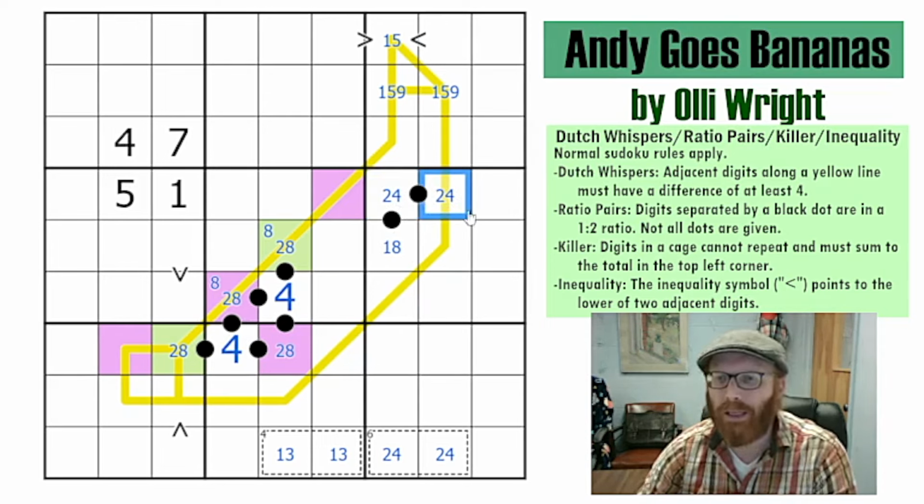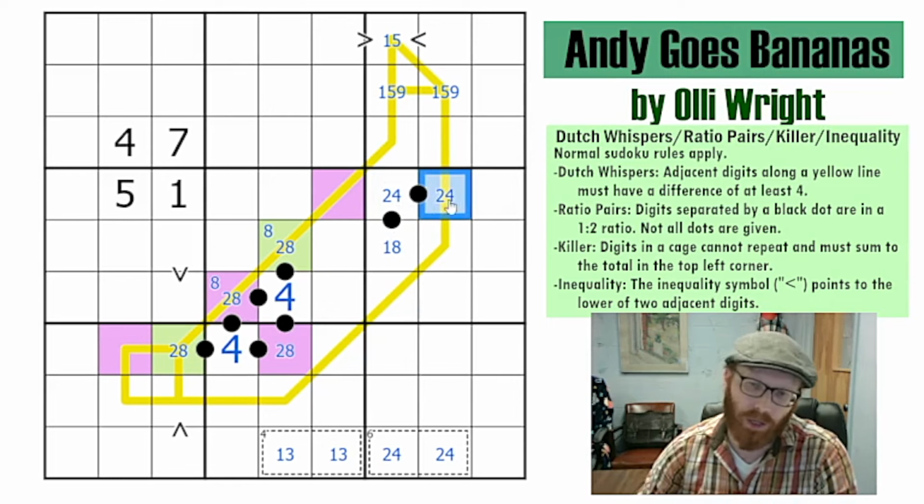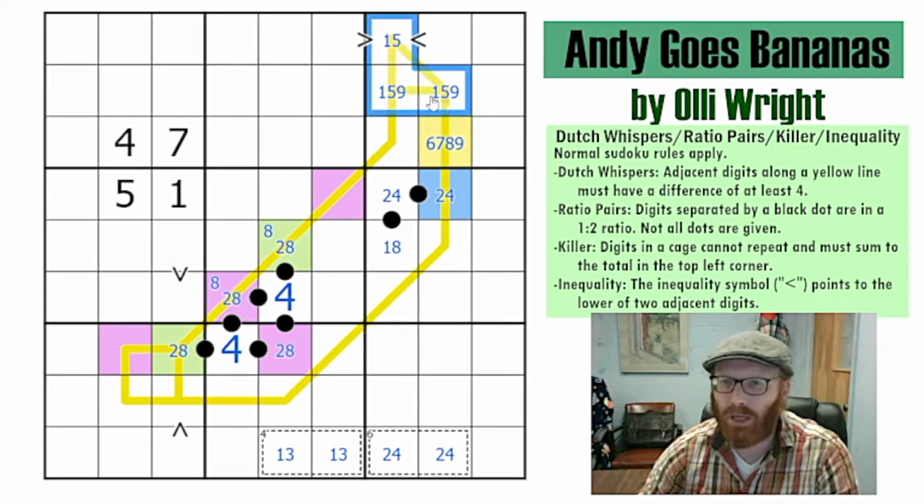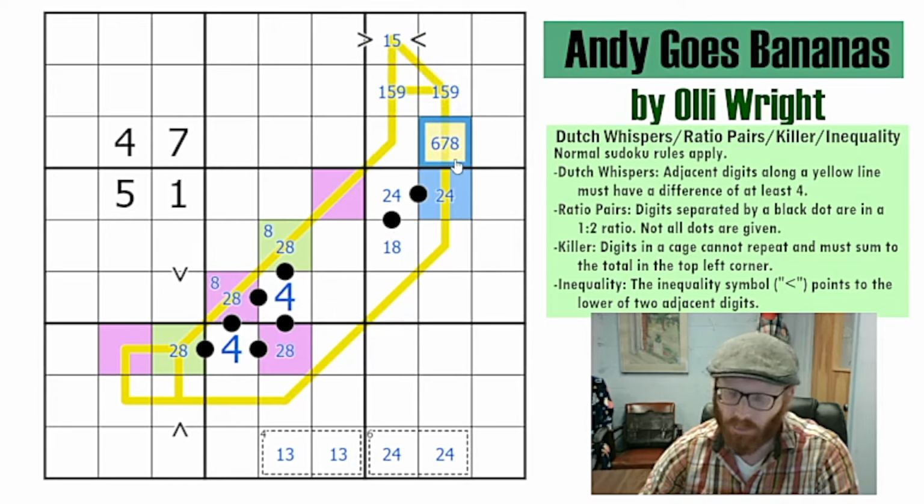But more importantly, this can only be a low digit, which I'm going to use blue for low and yellow for high. From 2 or 4, the only thing we can't go to is 5, so this has to be a high digit, which means it has to be 6, 7, 8, or 9, but there's a 9 right here, so it can't be a 9. All right.